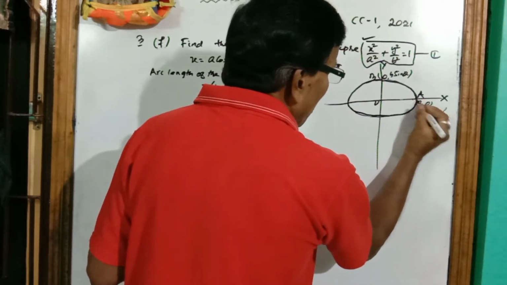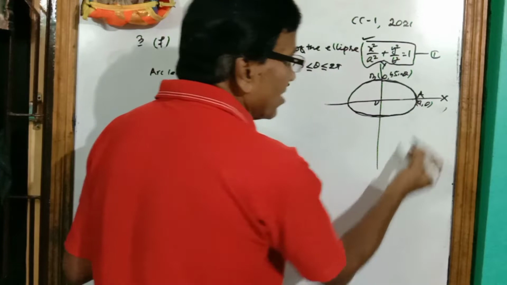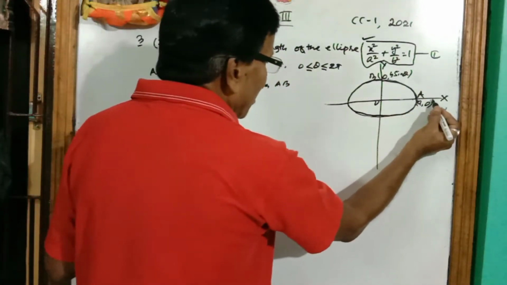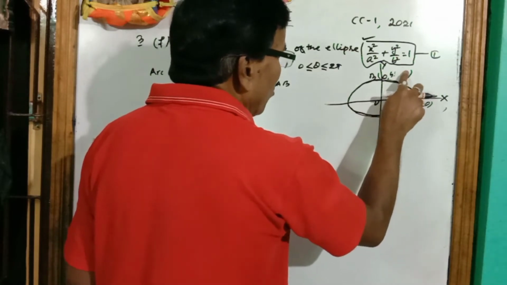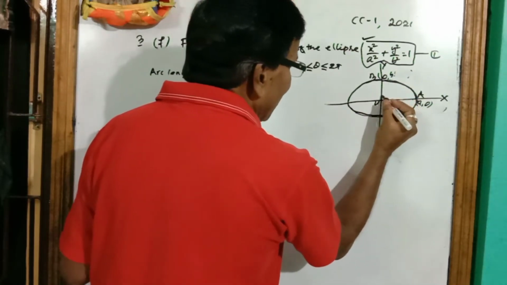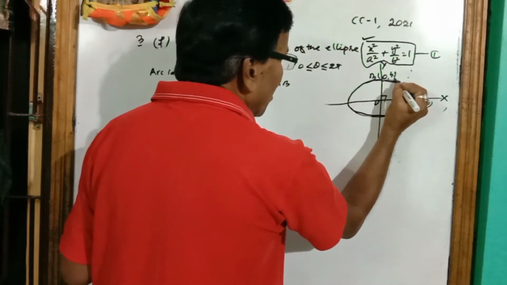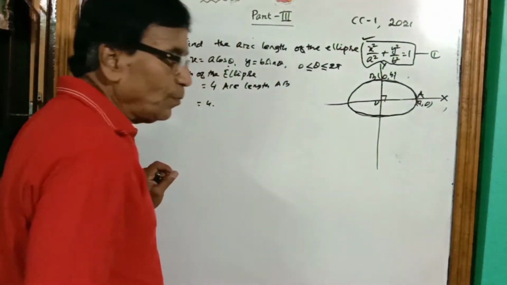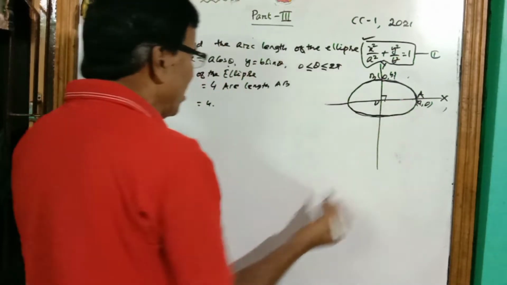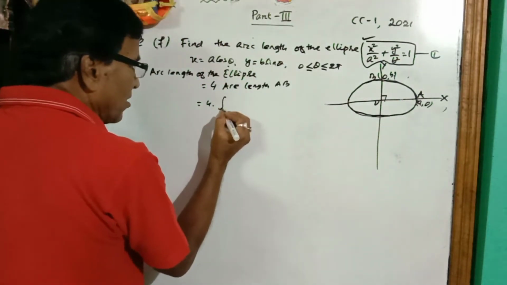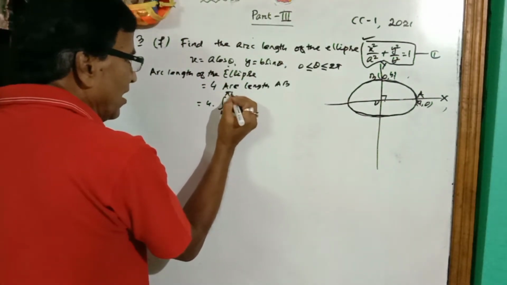So the coordinates of the point A are (a, 0). When we take theta equal to pi by 2, it becomes (0, b). So in this arc, theta varies from 0 to 90 degrees, so it is the integration from 0 to pi by 2.